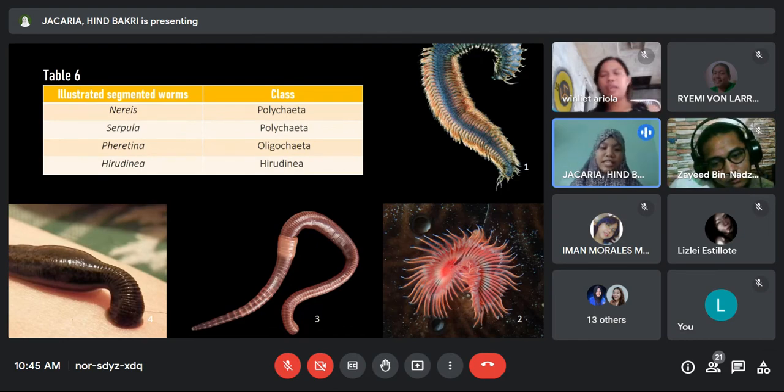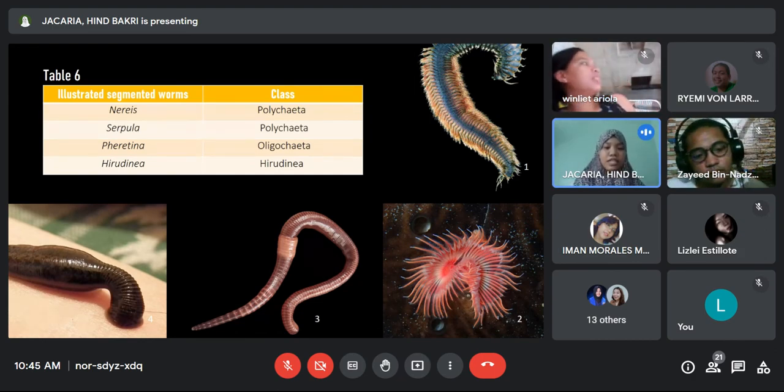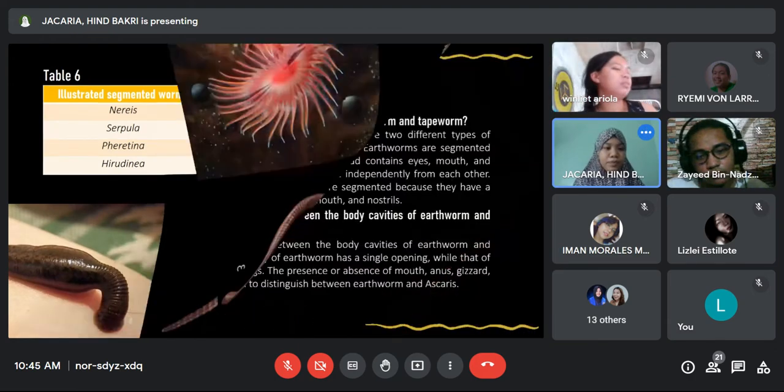They have tentacles which is characteristic of Polychaeta. Then Pheretima is an Oligochaeta or the earthworms. As you can see in picture number 10, we also see the clitellum, the band on part of its body. And then next is the Hirudinea, in the fourth picture, the leech. So they have annuli, as you can see, lines on their body.